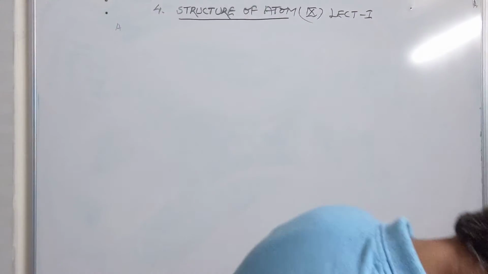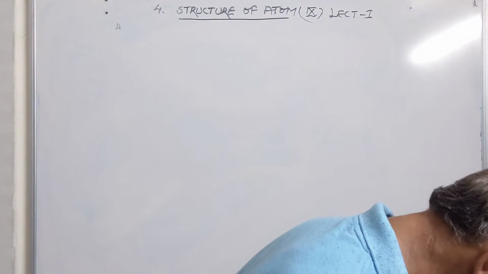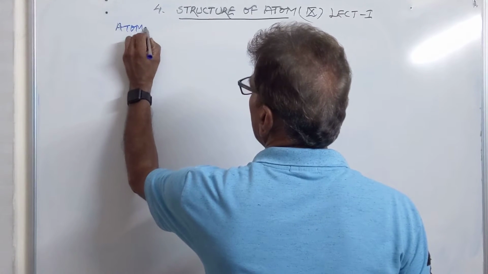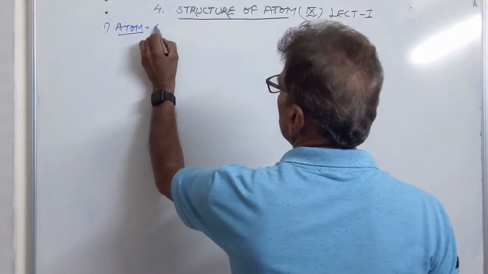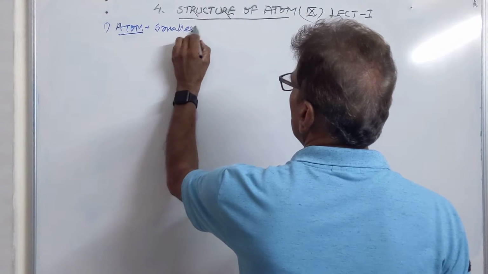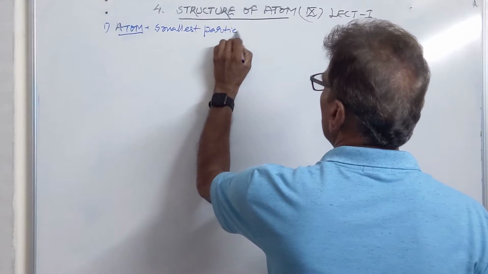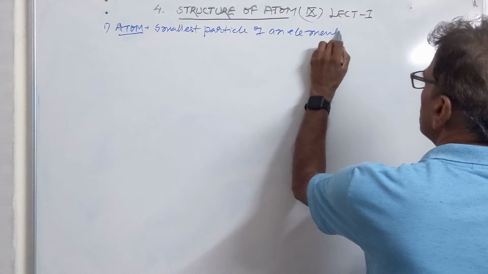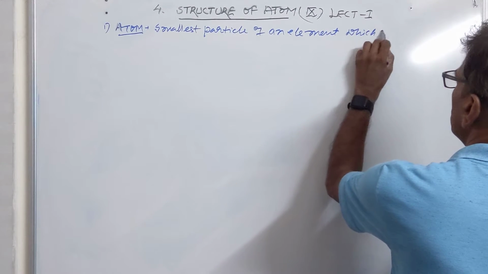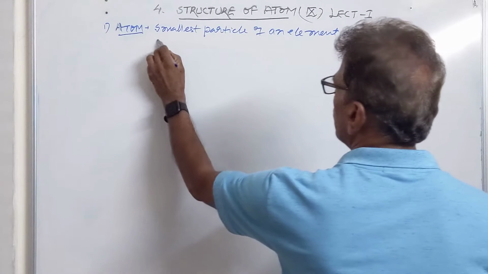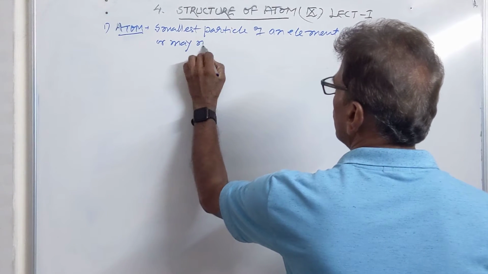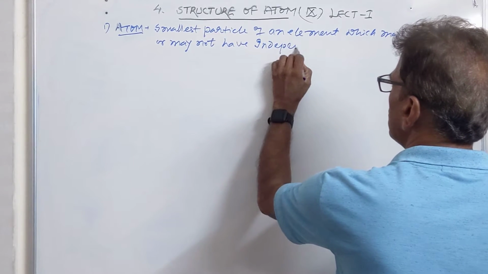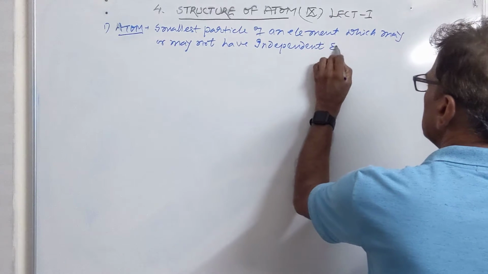What is an atom? Atom, as we know, is the smallest particle of an element which may or may not have independent existence.